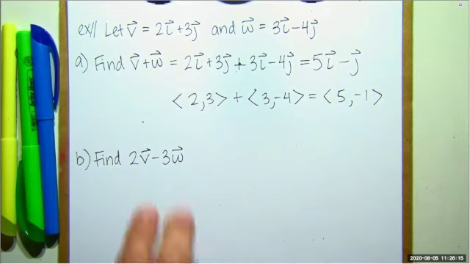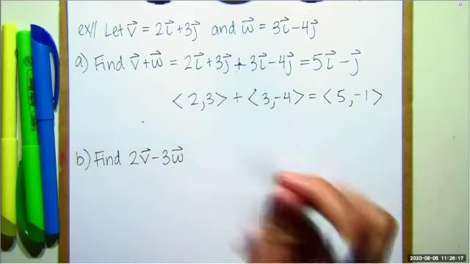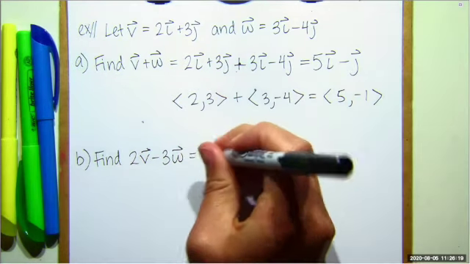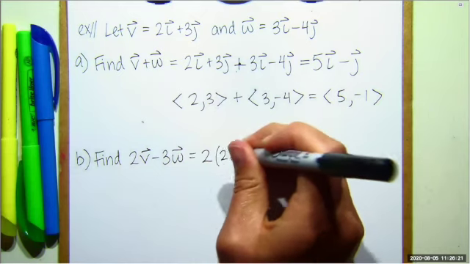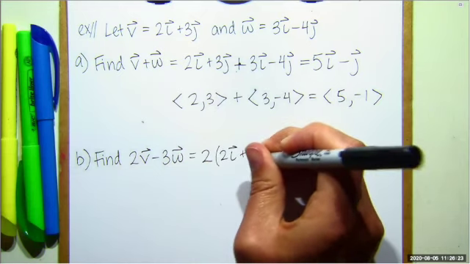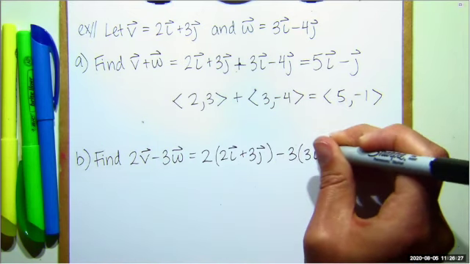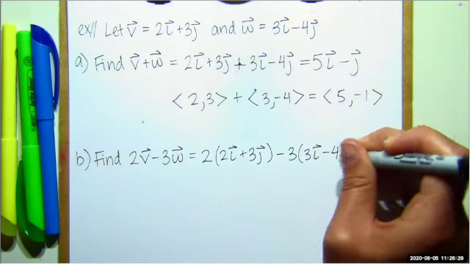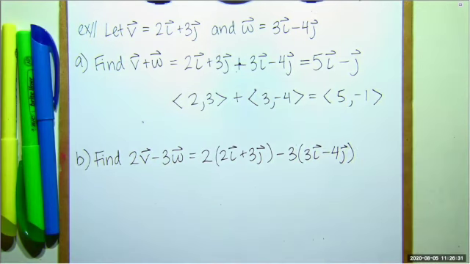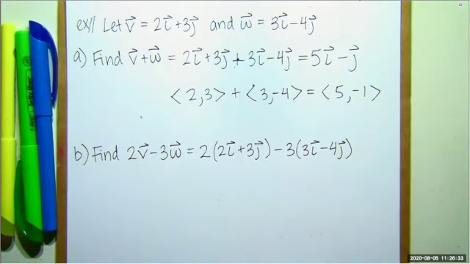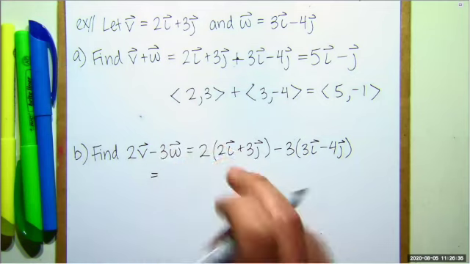We'll do one more here, 2V minus 3W. So I have 2 times V, which is 2I plus 3J, minus 3 times W, which was 3I minus 4J. Okay, so we'll multiply this one out.